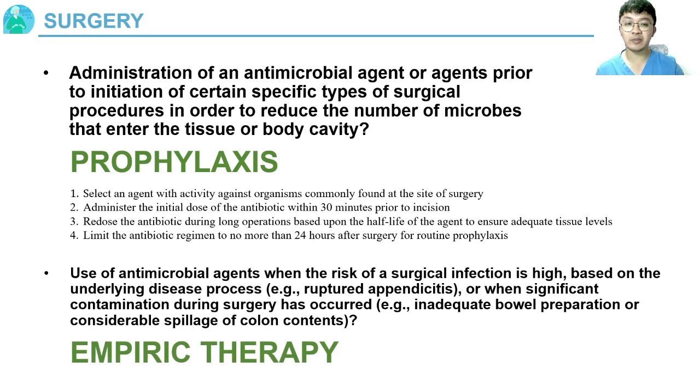So again, this is called your empiric therapy. Now, another type of antibiotic administration, where you already have targeted or definitive agents and you already know which antibiotics these agents are sensitive to, is your definitive or targeted therapy.